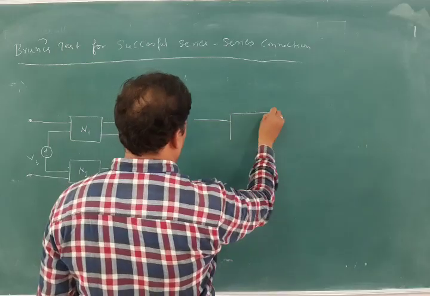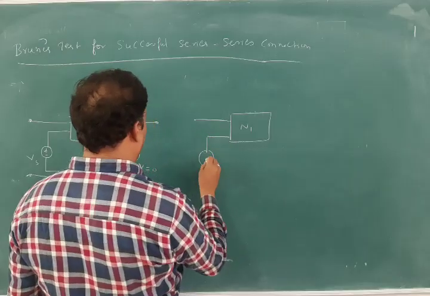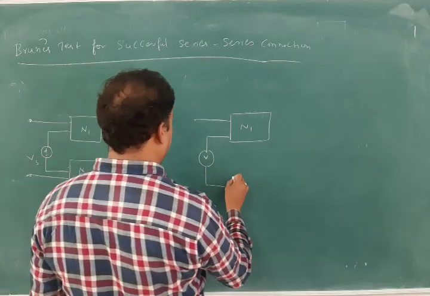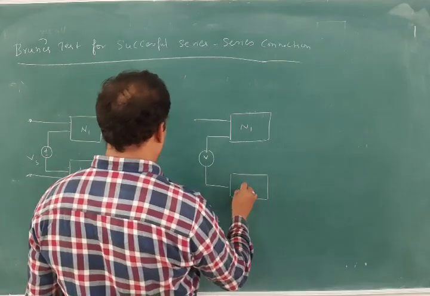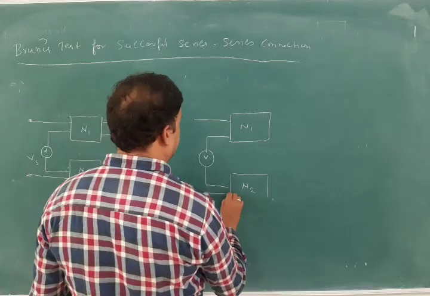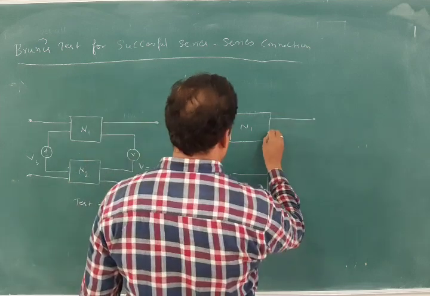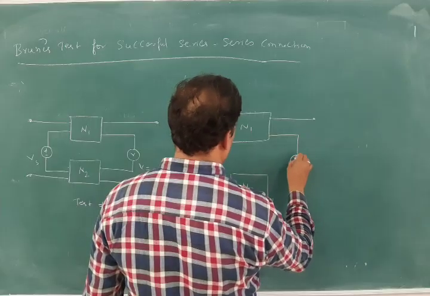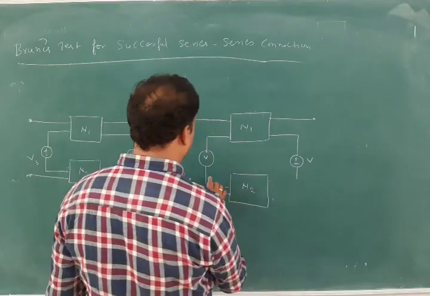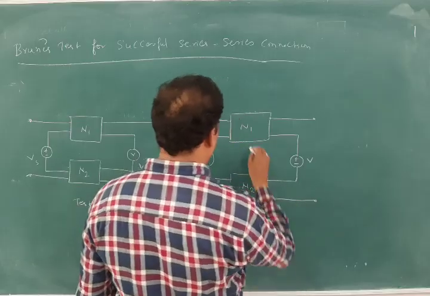We have to draw the same network here, N1, with this open port, and we are measuring the voltage. Here the network 2, N2, is connected, and we are giving the applied voltage, plus minus, here.